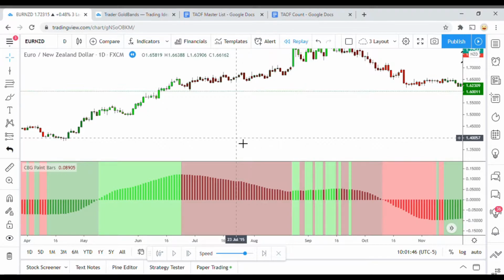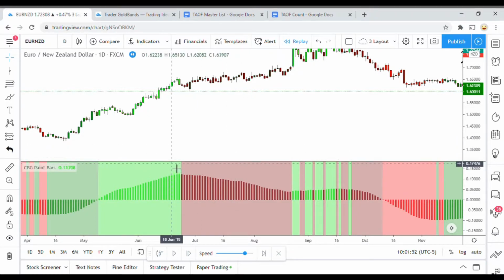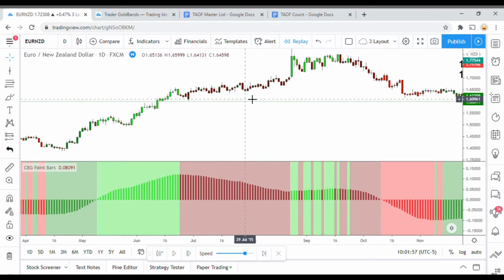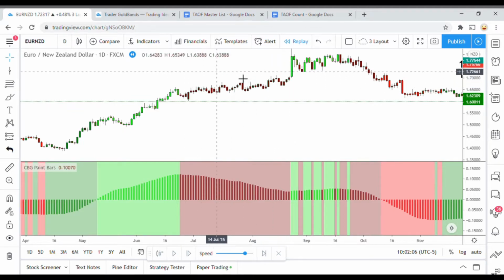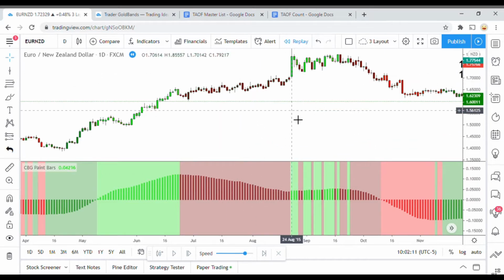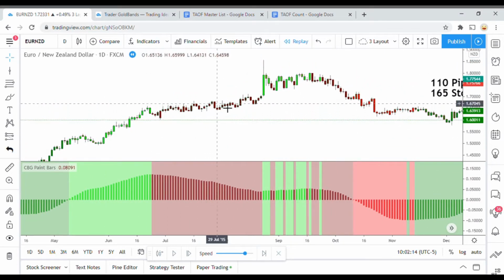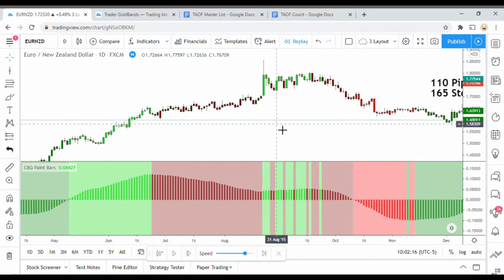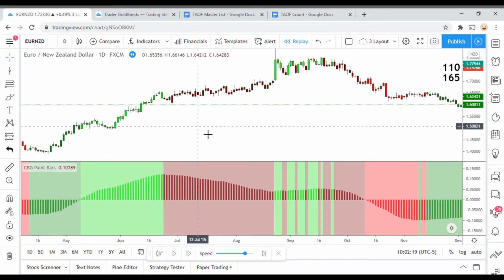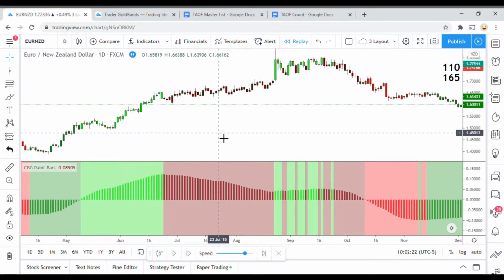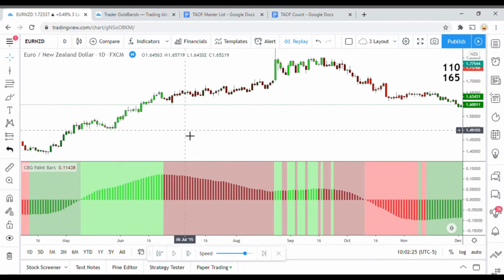Divergence is trying to gauge the momentum in price action one way or another, and then you look for a divergence in what the momentum is doing versus what the price action is doing. So if price action is going up, like right here, and the momentum is decreasing, then there is a chance that you are going to see a reversal in that price action at some point in the near future. That's the theory behind divergence.